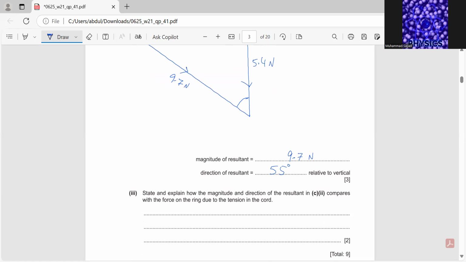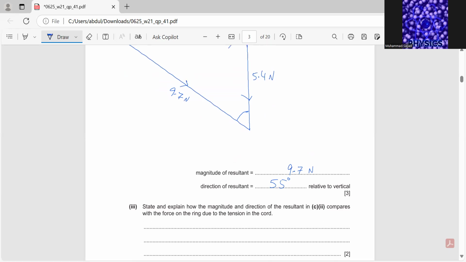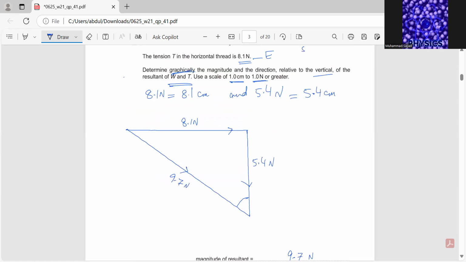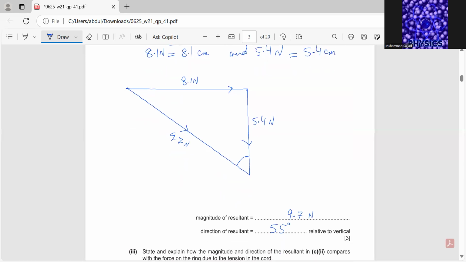By the way, if graphically was not mentioned, then these vectors are perpendicular, so simply we can use Pythagoras theorem. Right now it is graphically, so we will use the scale diagram, but by using the rule head to tail, join, and the angle we will measure by using the protractor.